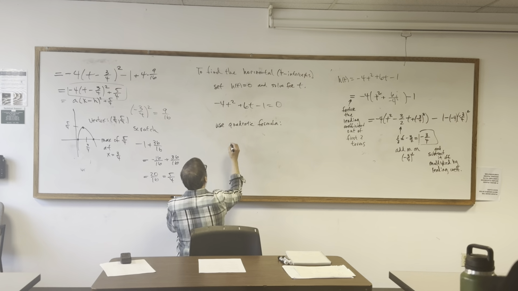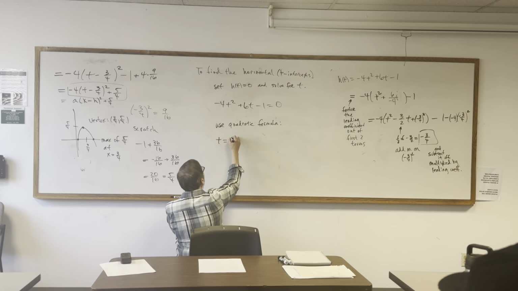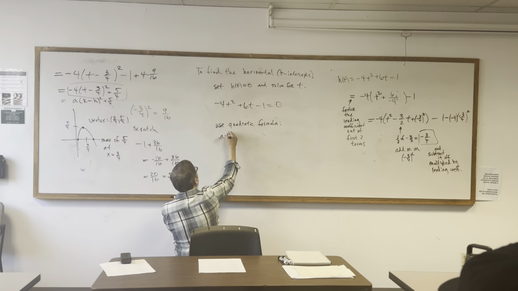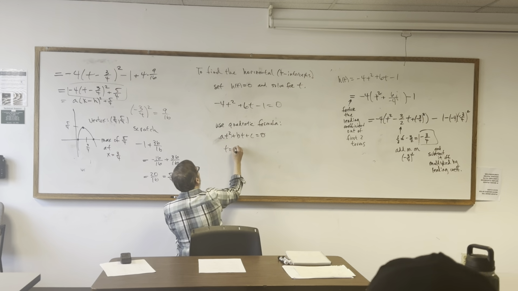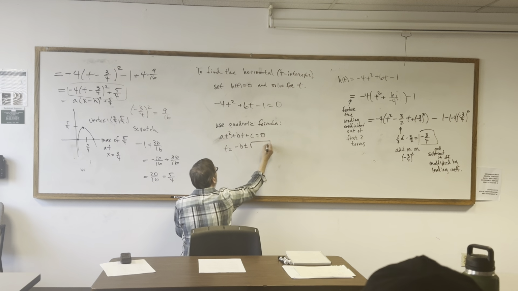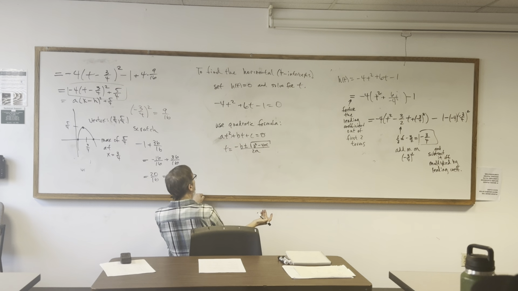And the quadratic formula is that t equals, let's just give you the whole thing here. If I have this, then t equals negative b plus or minus square root b squared minus 4ac over 2a. So we can go down that route.